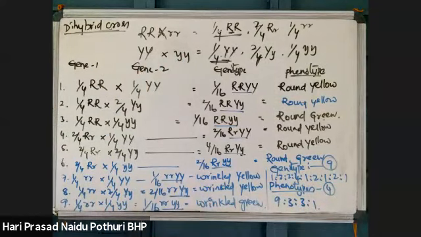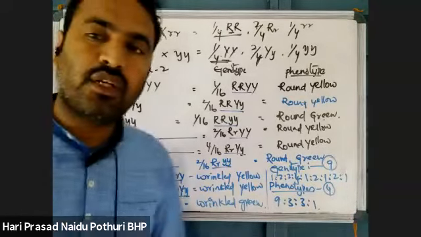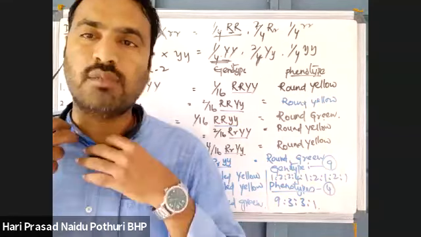This is the probabilities of a dihybrid cross based on monohybrid results. 9 different genotypes and 4 different phenotypes are possible.